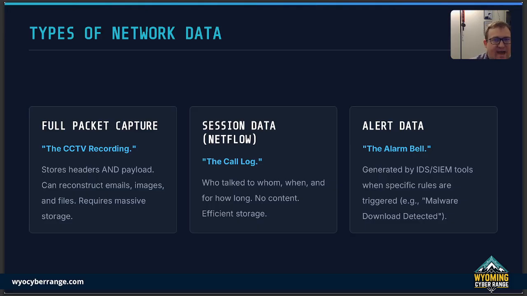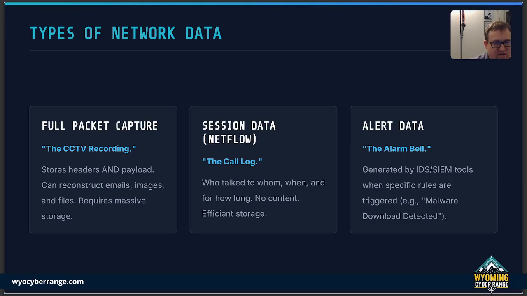It stores both the packet headers and the actual data packet payload. With a PCAP, you can reconstruct emails, download images, and extract malware files. The downside, it requires a massive amount of storage. Okay, they're expensive and they pose major privacy concerns depending on what data we are trying to log.